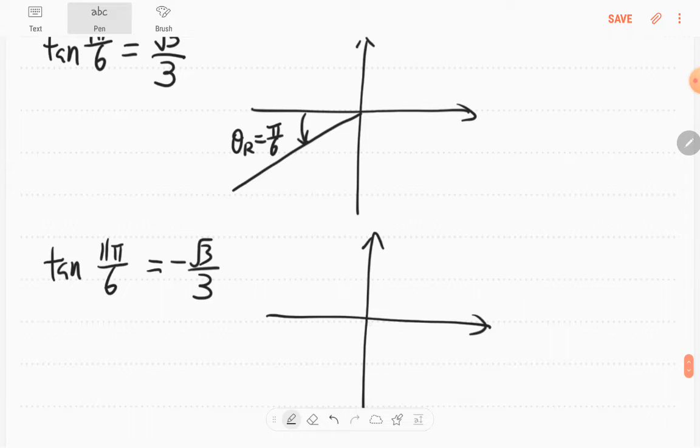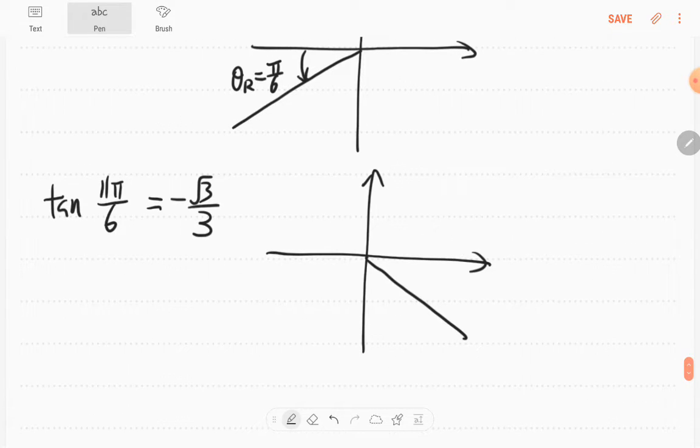So the terminal side is here. 11 pi over 6 is, so what is this one? Right, this is 11 pi over 6. So if you add this terminal side, it would be 2 pi, right? So the reference angle must be pi over 6.